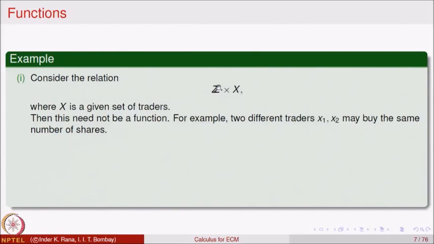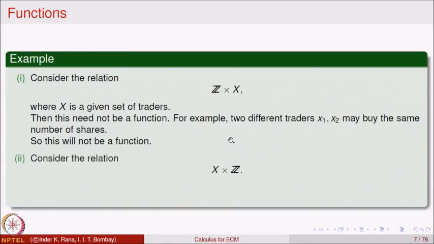So, if this is a relation, then 10 comma x 1 is possible and 10 comma x 2 is possible when x 1 is not equal to x 2. That means a number 10 in the domain can get associated with two different elements in X. So, this is not a function.